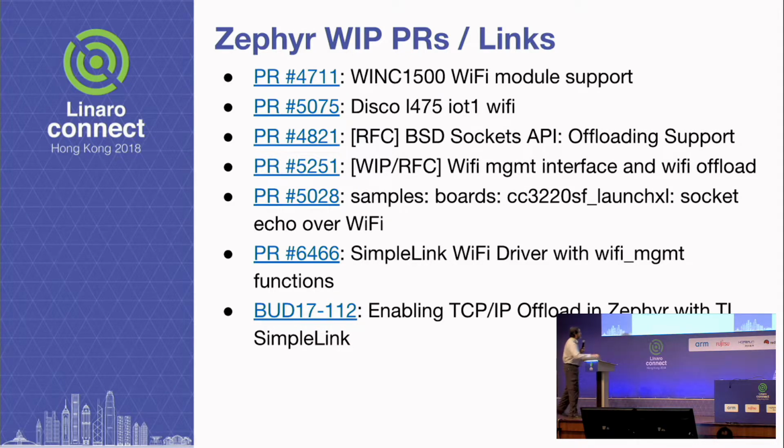gave last year on doing offloading in Zephyr, which talked a bit about some of the difficulties of integrating TCP/IP offload engines into Linux, and the kind of problems that we would face here are pretty much the same ones.